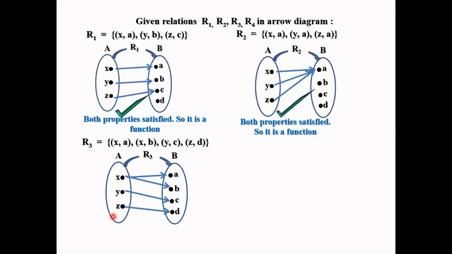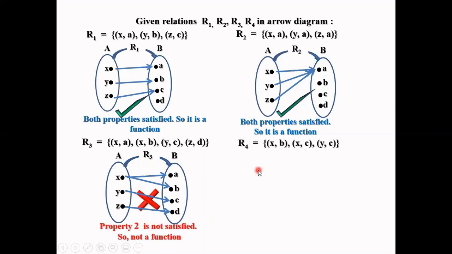But here, x is associated to more than one element in set B, which is not allowed. Property 2 is not satisfied here. Once again, I repeat, x is associated to more than one element in set B. So property 2 is not satisfied. Hence, it is not a function.